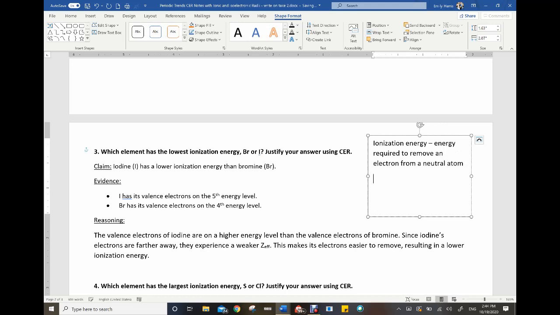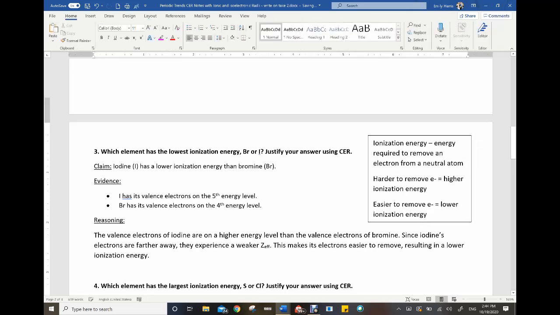If it's harder to remove the electrons, that's going to be equal to a higher ionization energy. If it's easier to remove the electrons, that's going to be equal to a lower ionization energy. So that's the way this trend happens to work.